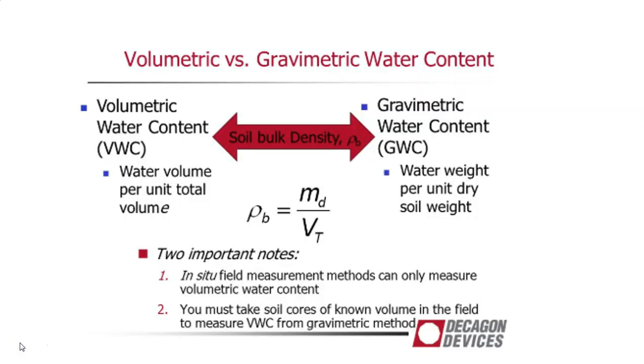I borrowed this slide from Decagon Devices because I loved the way that it showed the relationship between volumetric water content and gravimetric water content, with bulk density as the bridge between the two. Now, why is it that we would take gravimetric water content when for most of our measurements we need volumetric water content?